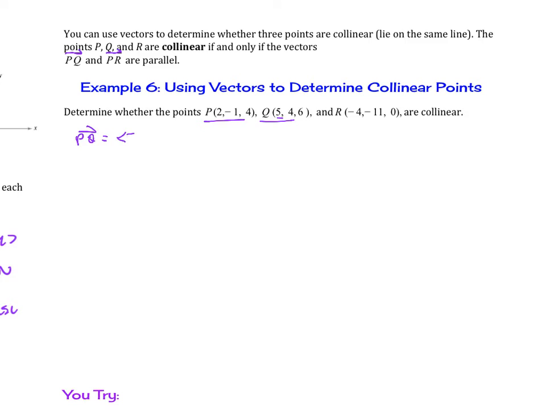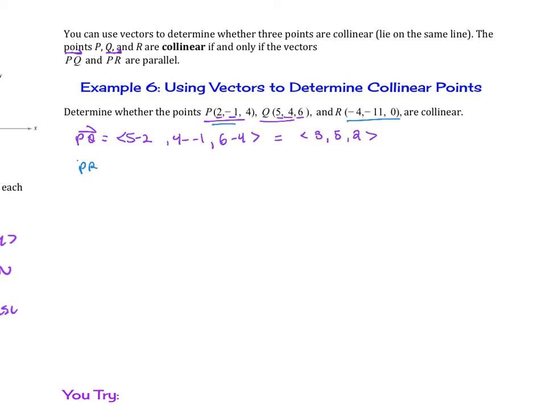So we take 5 minus 2, and then 4 minus a negative 1, and 6 minus 4. And so that is going to be 3, 4 plus 1 is 5, and 6 minus 4 is 2. Then let's look at PR.